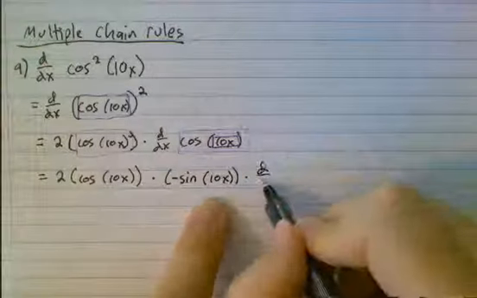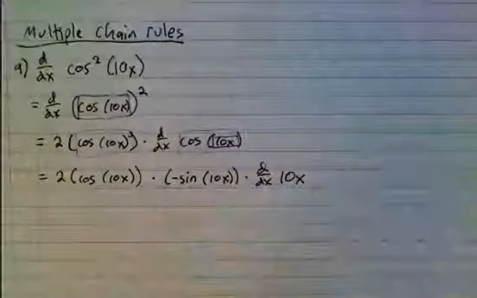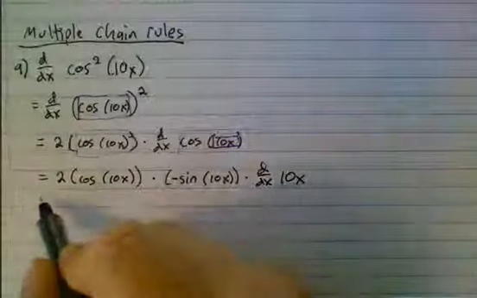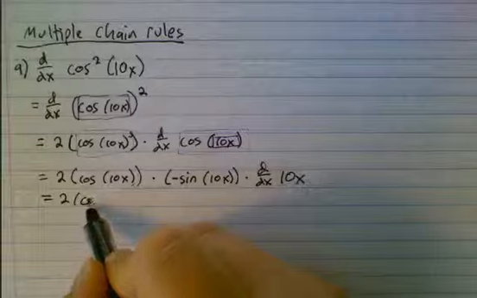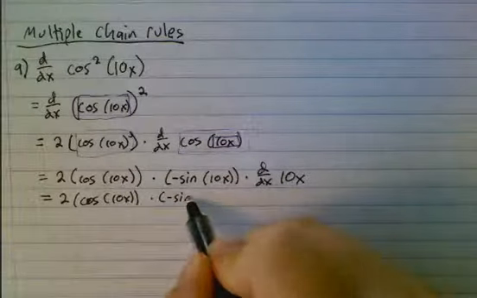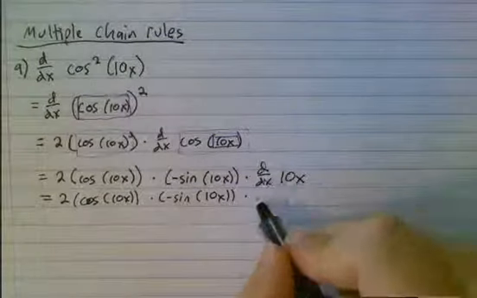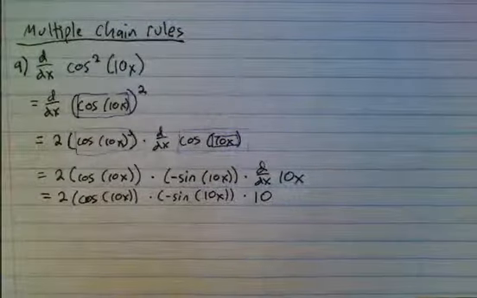And then we have to do the derivative of what's in the box again. So, we've got 2 cosine 10x times negative sine 10x. Derivative of 10x is just plain old 10.